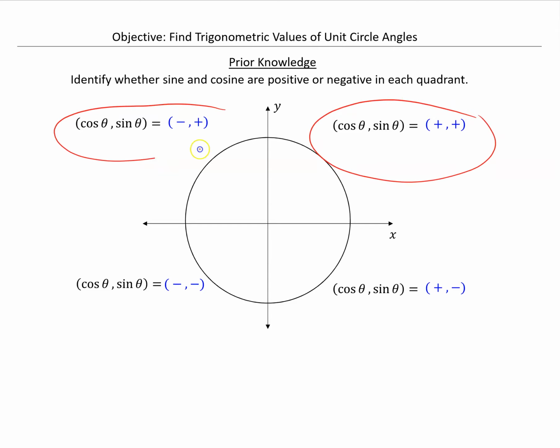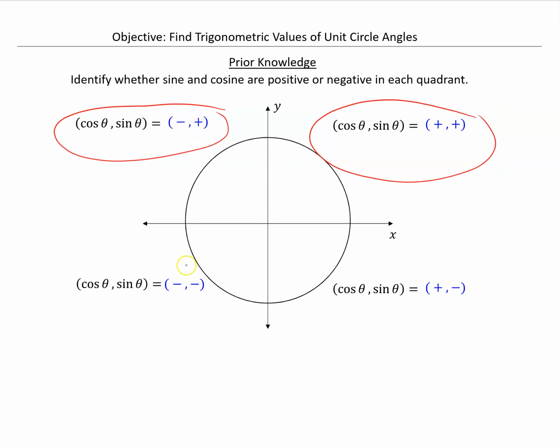In our second quadrant, cosine is negative and sine is positive. They're opposite signs, which means that anything that involves cosine is going to be negative. That would include secant, tangent, and cotangent. But sine and cosecant would be positive.